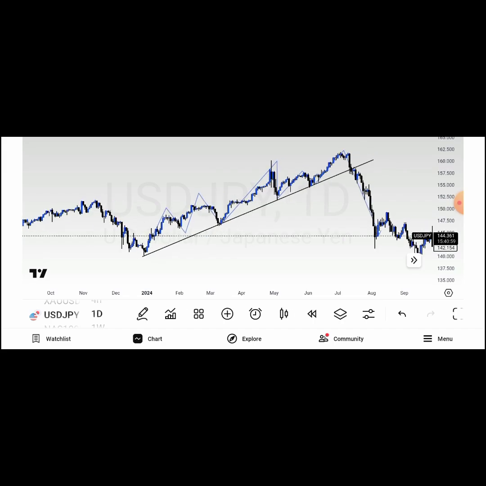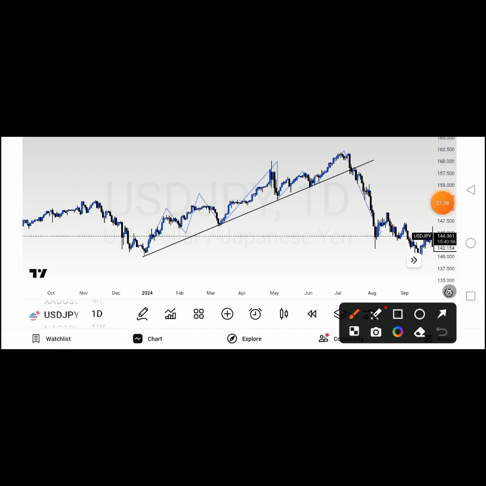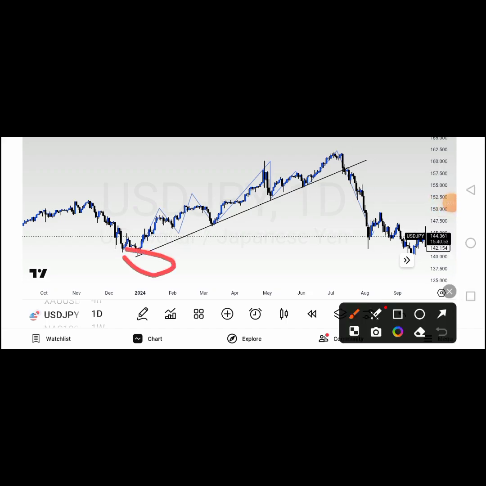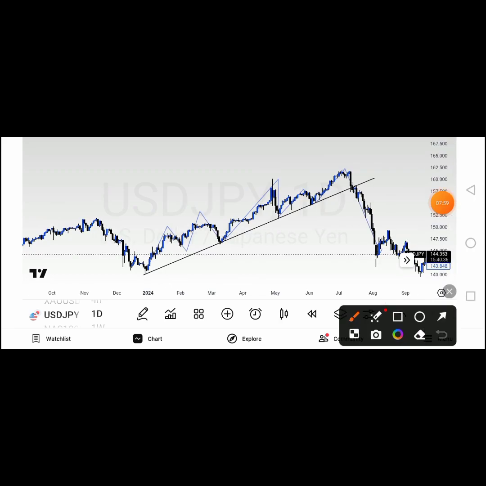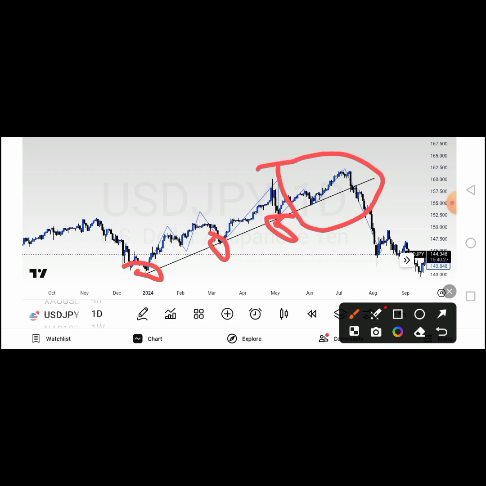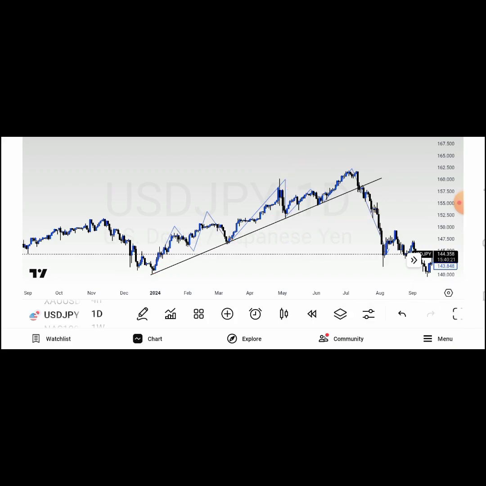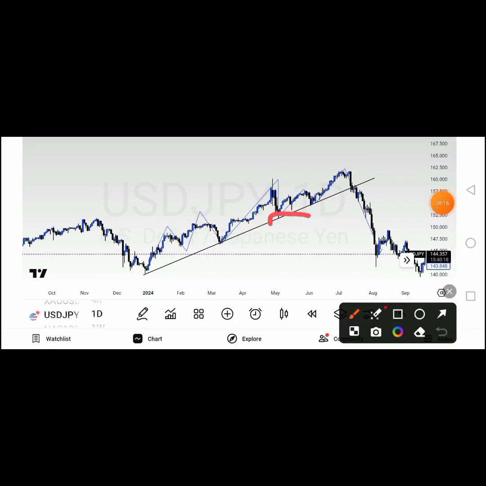Now the rule is that if the trend line touches 2 lows, and when it comes to the third one it bounces again, I'll be expecting that if the trend line touched here and here, the third time, which is around here, as soon as the market comes to this place, it's going to push up.